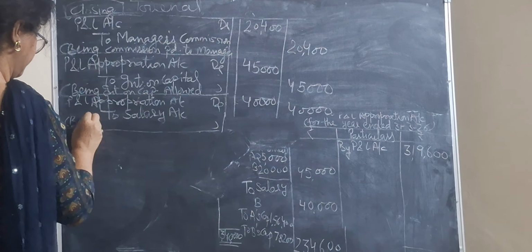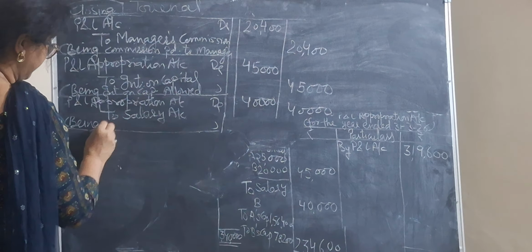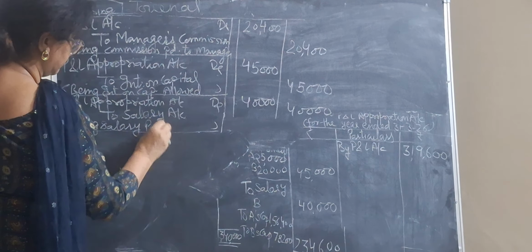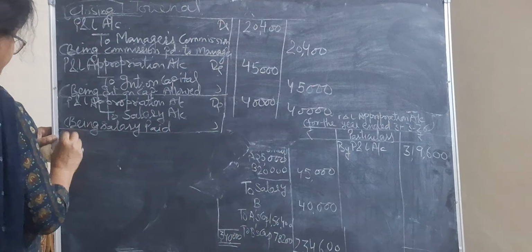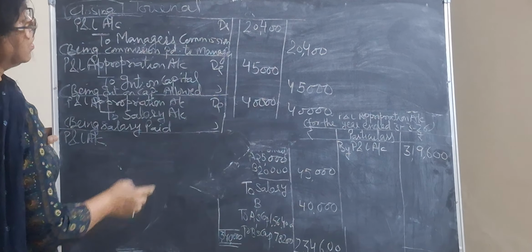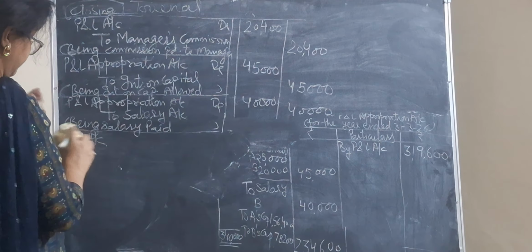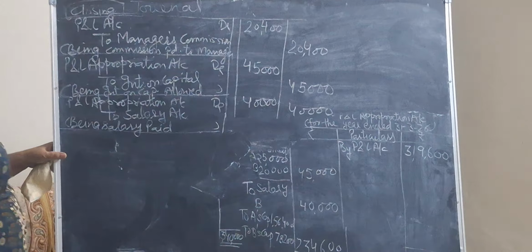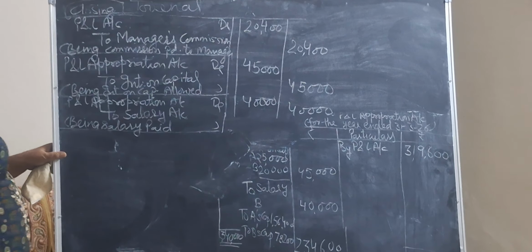Being salary paid. Now, profit and loss account is transferring, okay, to what? P&L appropriation account. So, profit and loss account has reduced.